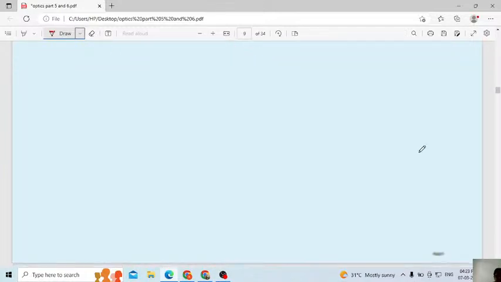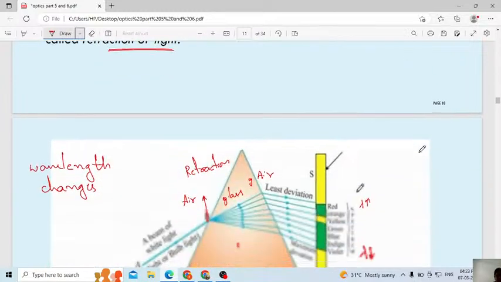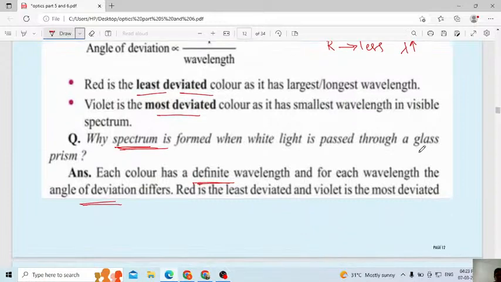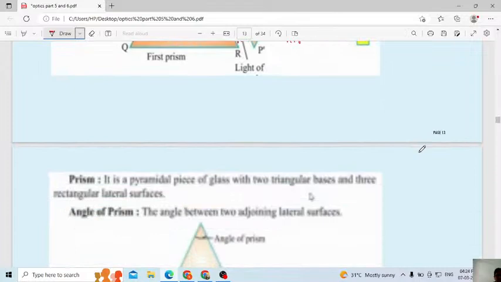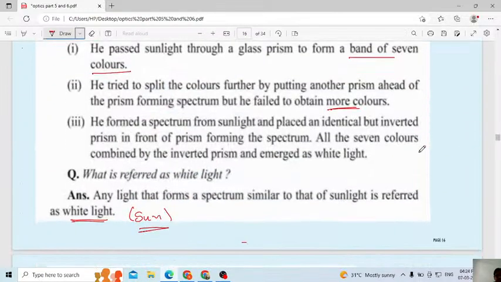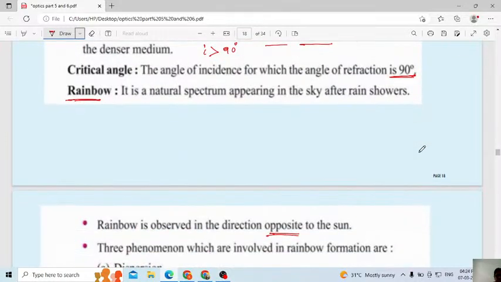Everything I explained, dispersion of light, this refraction also, this recombination, this is also easy. Total internal reflection, this I explained only in the last class.